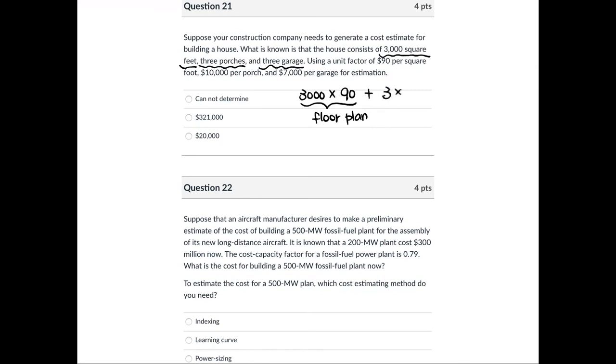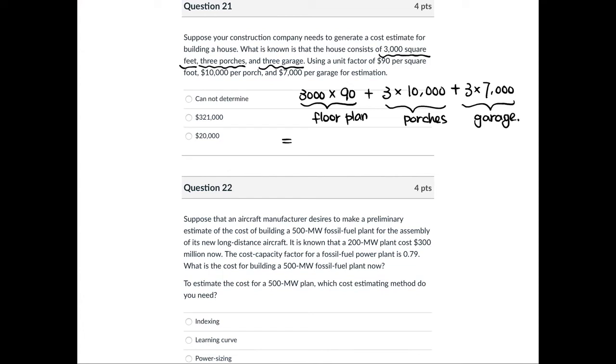Plus you've got 3 porches, and for each porch you need to spend 10,000. So that's the cost for porches. And plus you've got 3 garages, and each garage needs 7,000. So that's your garage cost.